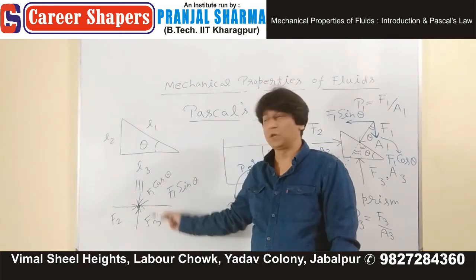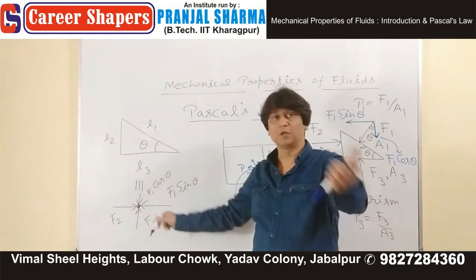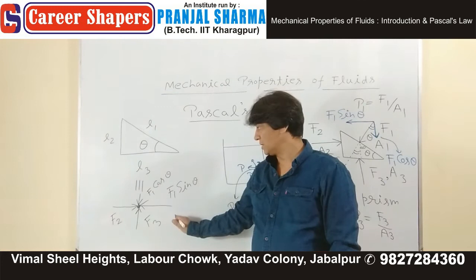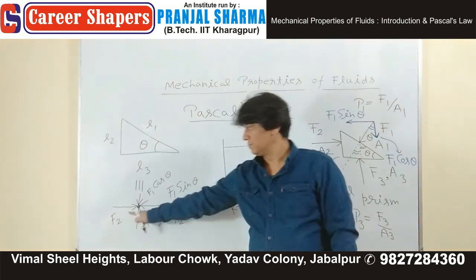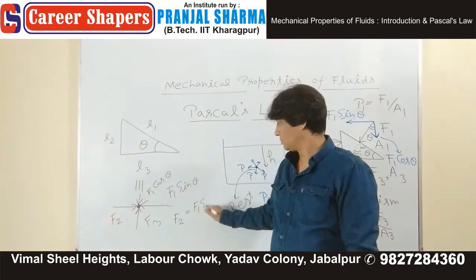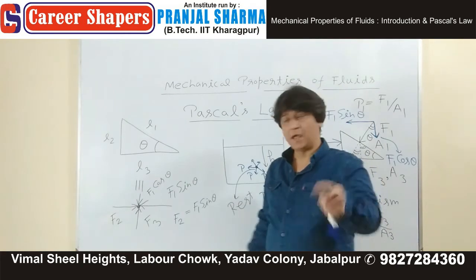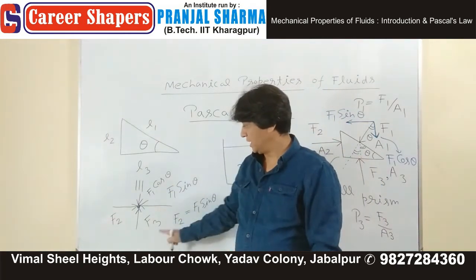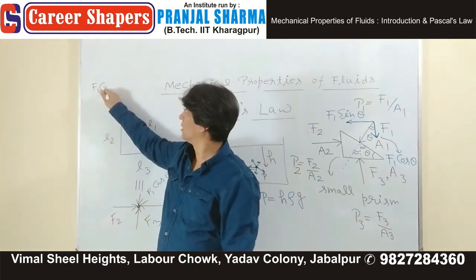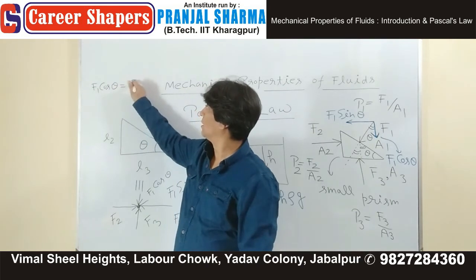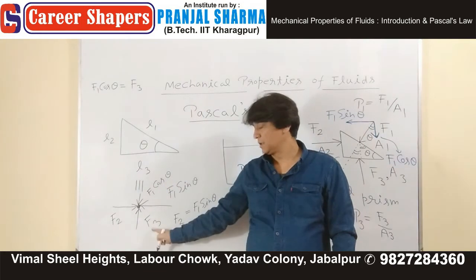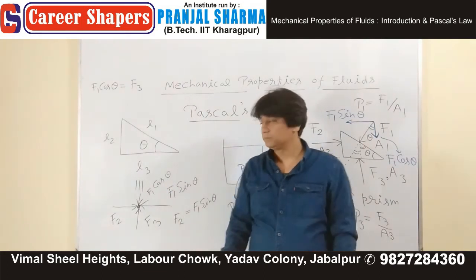Horizontal ones will cancel out each other, and similarly the vertical ones will also cancel out each other, thus giving you this information that F2 is equal to F1 sin theta and F1 cos theta equals F3.